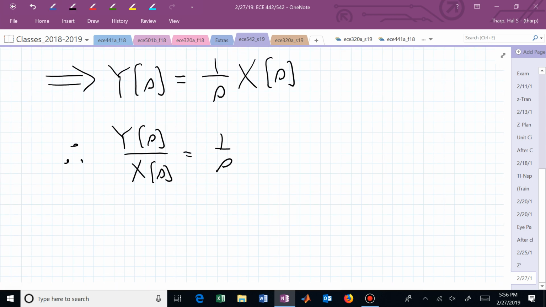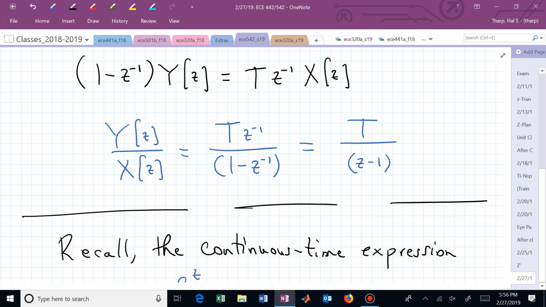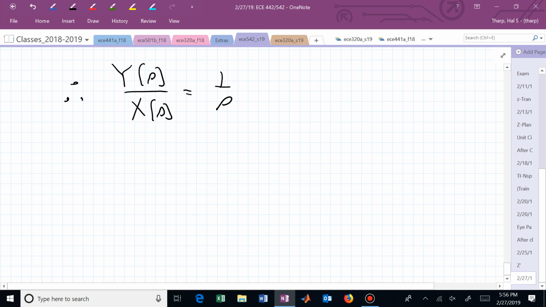And now we can find the transfer function between x and y. We have Y of s over X of s is 1 over s. To establish the relationship or make the connection between the s domain and the z domain, we can compare this 1 over s with what it looks like in the z domain, T over z minus 1.